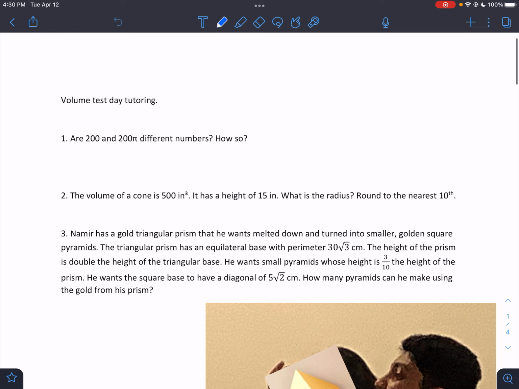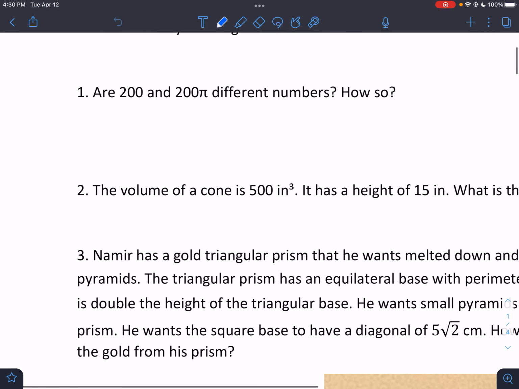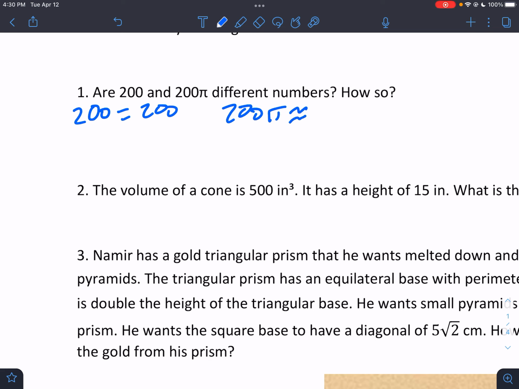So let's go. Are 200 and 200 pi different numbers? They're very different numbers. 200, guess what? Equals 200. 200 pi, however, if you get an approximation of 200 pi, it is approximately, double squiggly means approximately, 628.319.